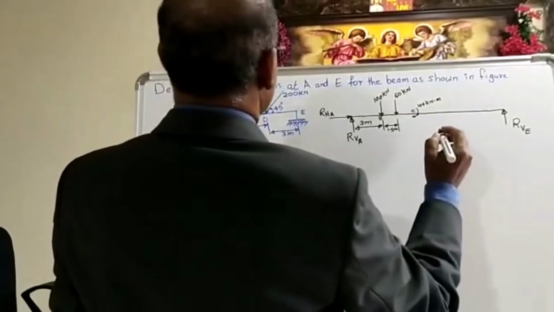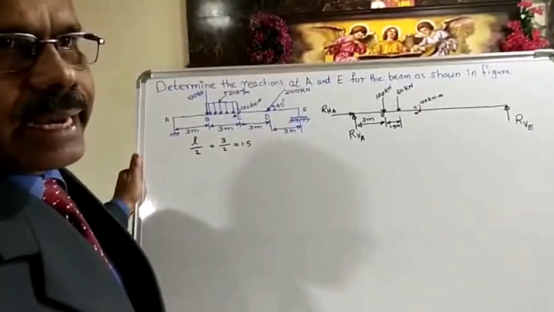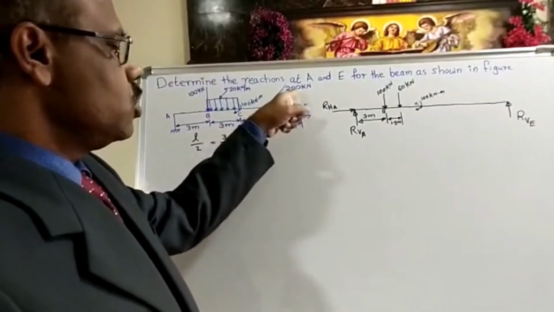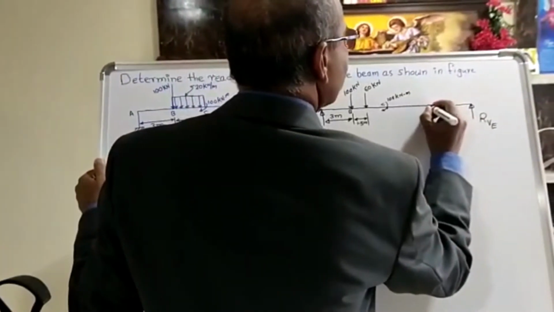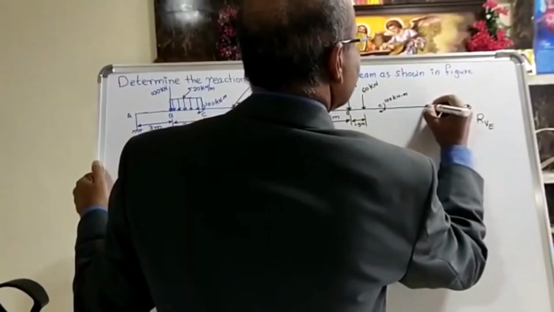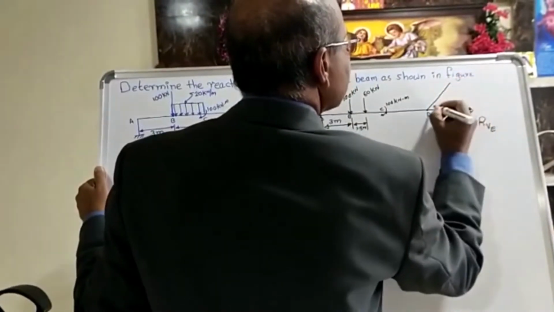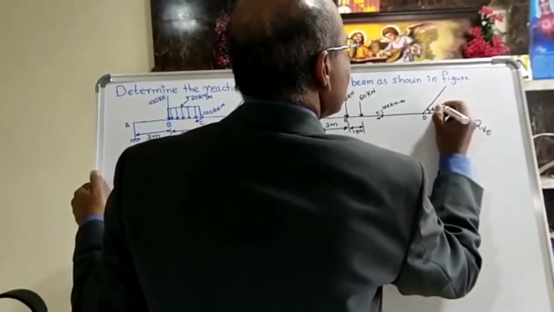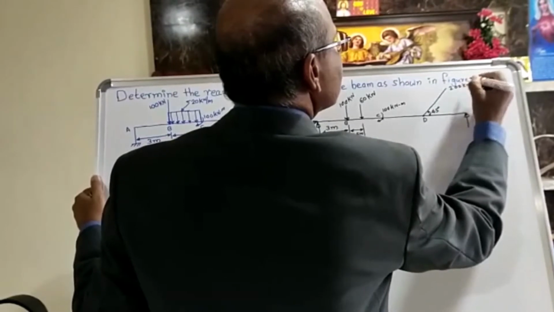And see, another one is an inclined load. The inclination is 45 degree and the load is 200 kilonewton. A 200 kilonewton load is given at the point D. At the point D, we are having an inclined load, isn't it? It is inclined at 45 degree and the load is 200 kilonewton.